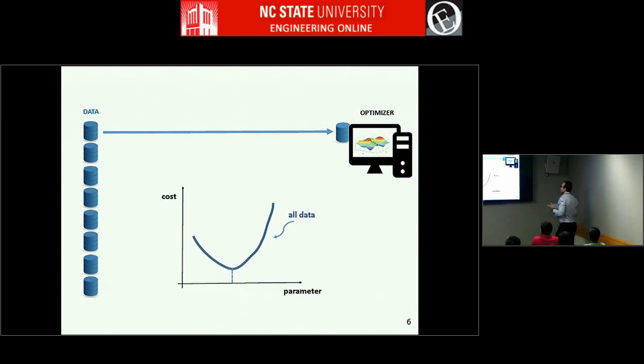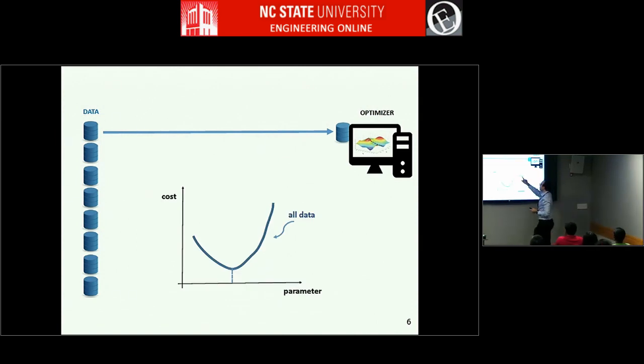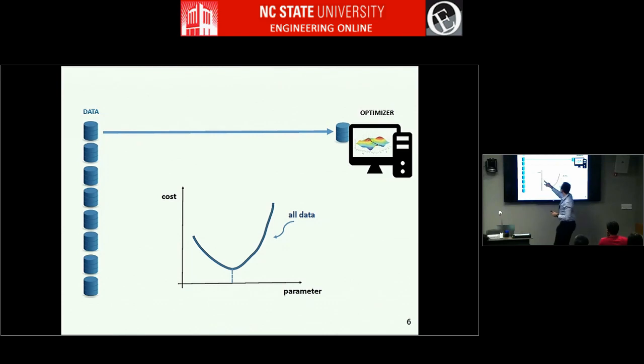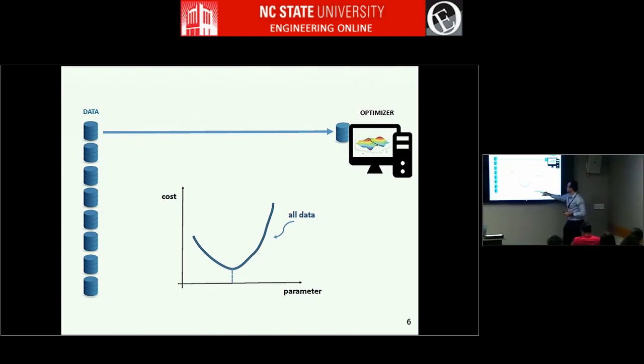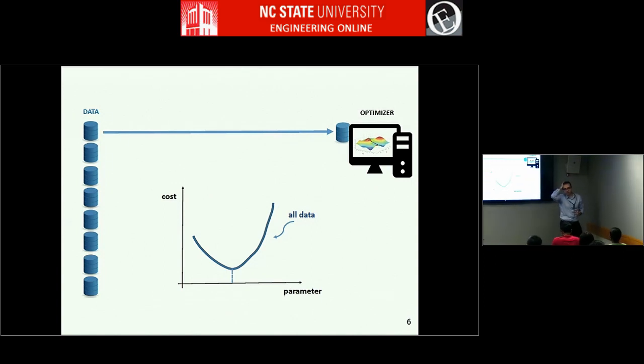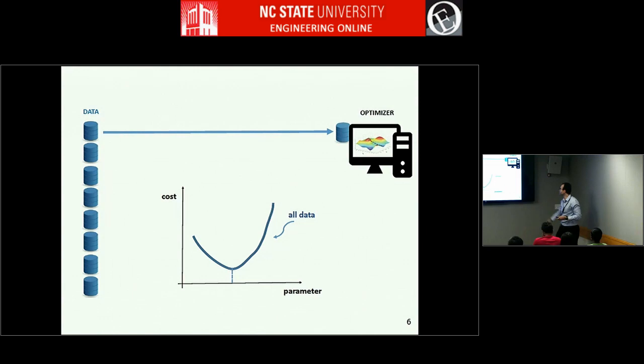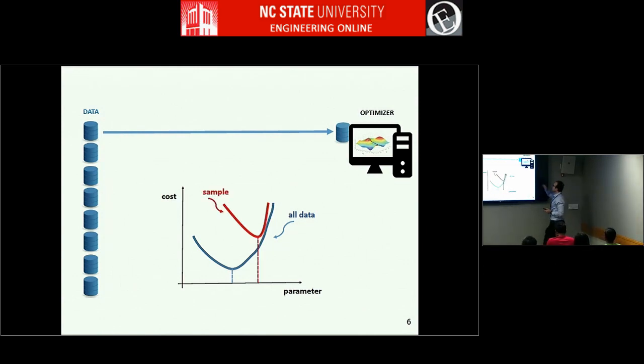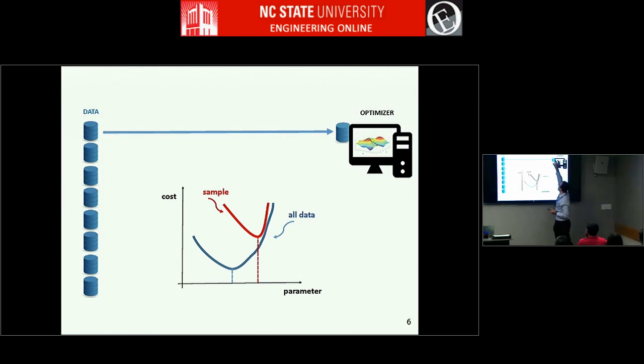And let's say there is a cost function using all the data. Using the entire data, there is this cost function. And there is a parameter that minimizes this cost. I would like to find this parameter here. Okay, it's maybe my machine learning model's optimal parameter. So based on this small batch, you will only see a sample cost function based on this small data, right?